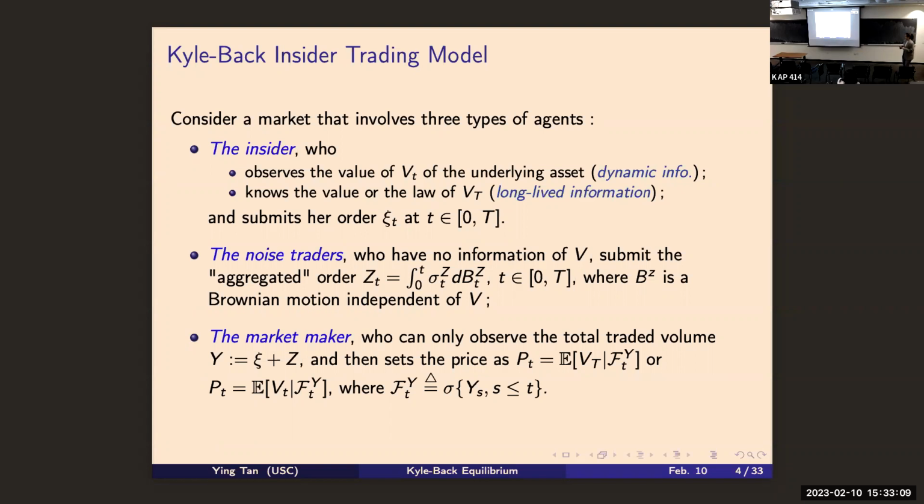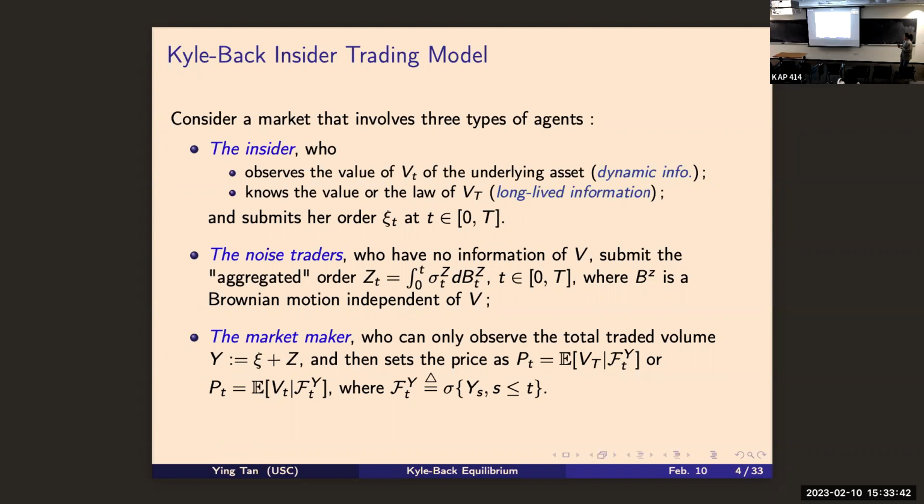Different from the insider, the noise traders have no information about the underlying asset, and they just submit the aggregate order of this integral form, where this Brownian motion B^Z is independent from the underlying asset. Then the market maker will set the market price based on their observation of the total trade volume submitted by both the insider and the noise traders.